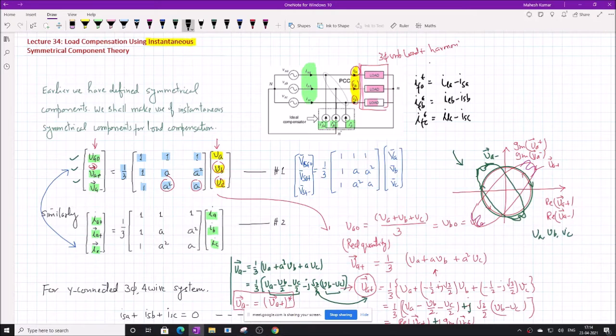Star means the reference current, the estimated current that is supposed to be injected at the point of common coupling. So actually this must also be star, because if this is the reference current, then this is the reference source current. I have not used star for the source current, but it is understood to be a star for the source current.